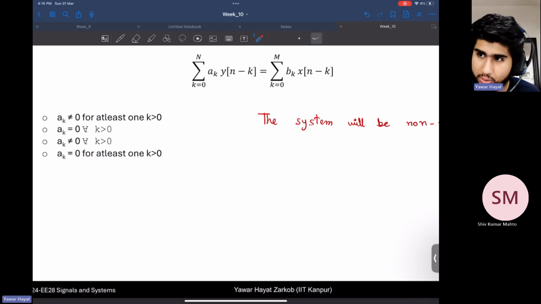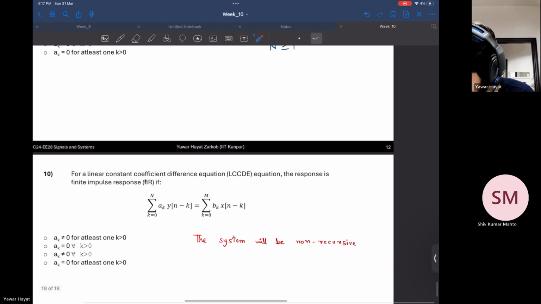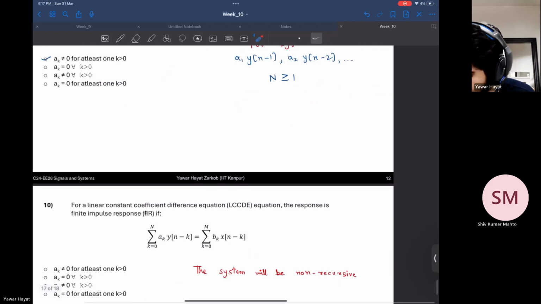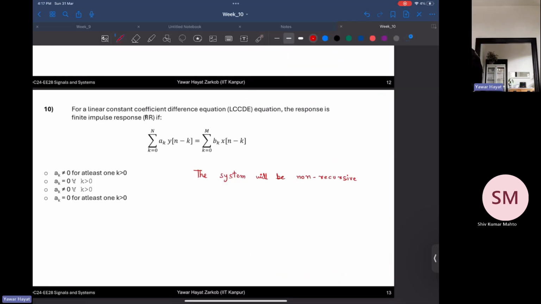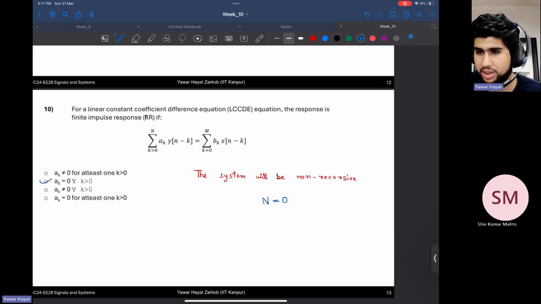So from k equal to 1 onwards, all the a_k coefficients are 0. In other words, that would belong to order being 0. Under that condition, the system would be non-recursive, and it's finite in its response.